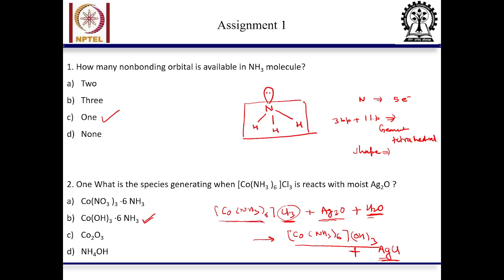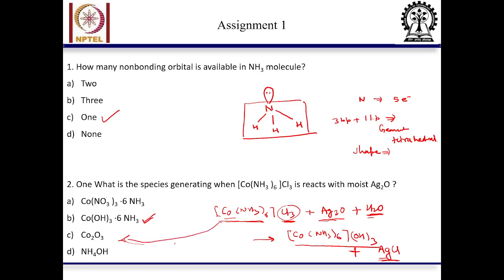You can also do the reaction in the inner sphere. Suppose, under oxygen, if you heat it, it will decompose into Co2O3. If you are interested, I will give that reaction also, but currently not.